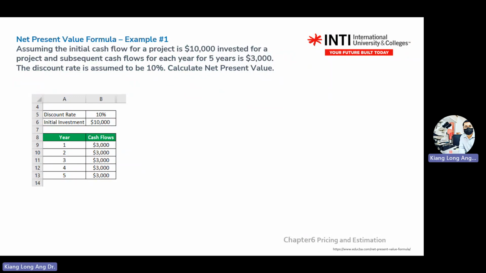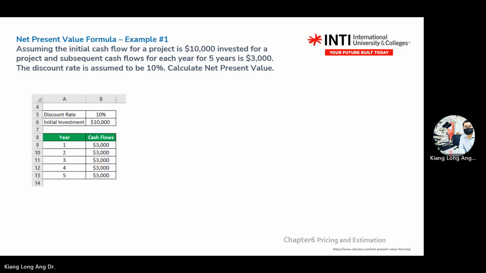Assuming the initial cash flow of the project is 10,000 invested for a project, and subsequent cash flow coming in each year for 5 years is 3,000. So your initial investment is 10,000. Then year 1, year 2, year 3, year 4, year 5, each year you get 3,000. Make sense?